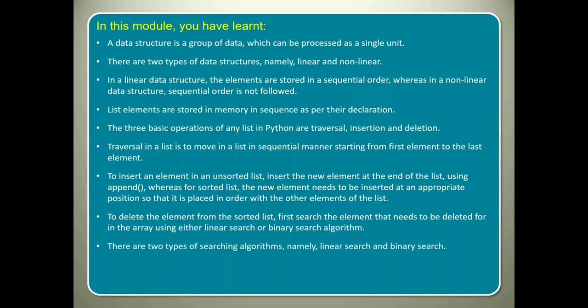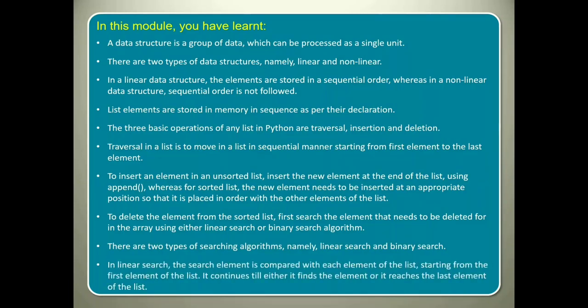There are two types of searching algorithms, namely linear search and binary search. In linear search, you compare the search element with each element of the list, starting from the first element of the list. It continues till either you find the element or you reach the last element of the list.